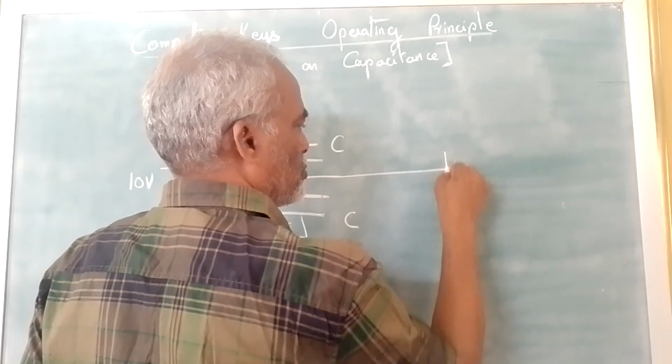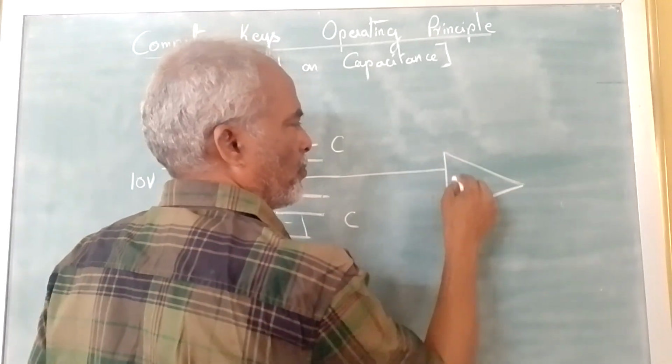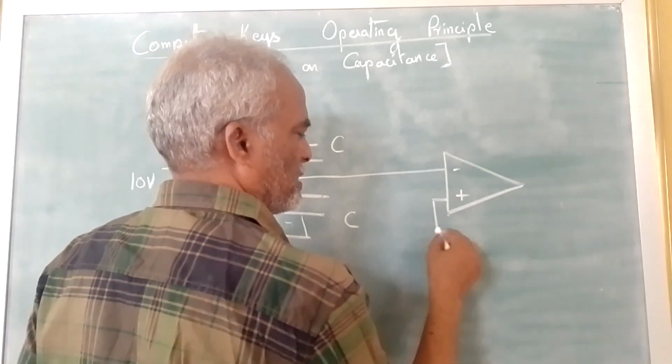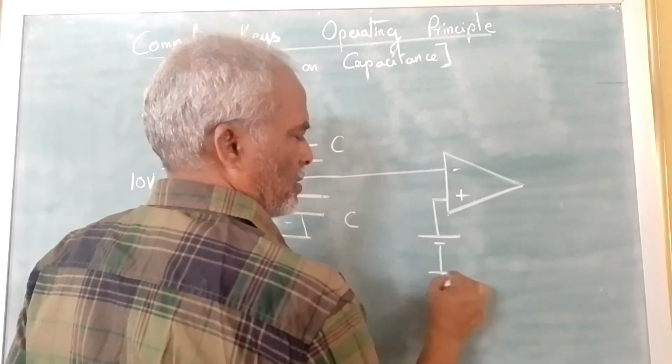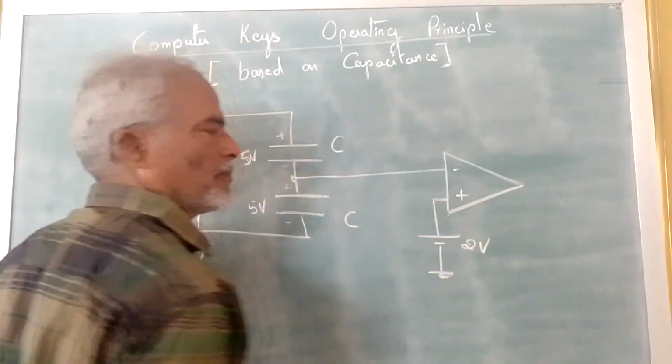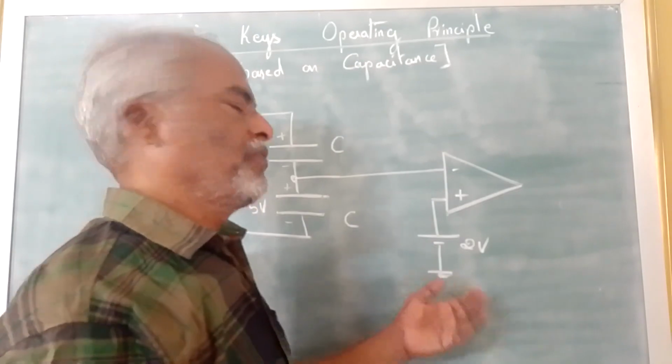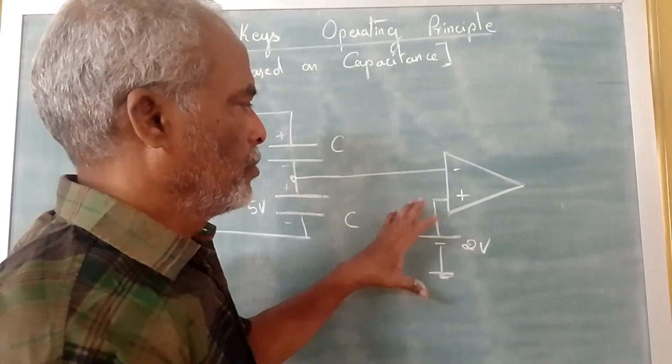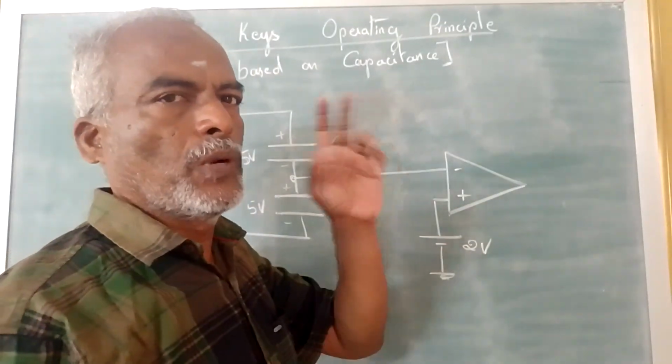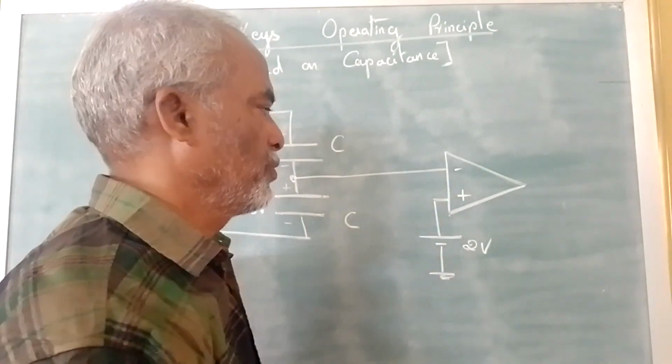Now this is connected to an operational amplifier, negative, positive. Of course you can set some reference. Say I am setting 2 volts or 1.5 volt, anything. You must set it so that we get two values, to sense which key has been pressed. I am setting this to 2 volts.